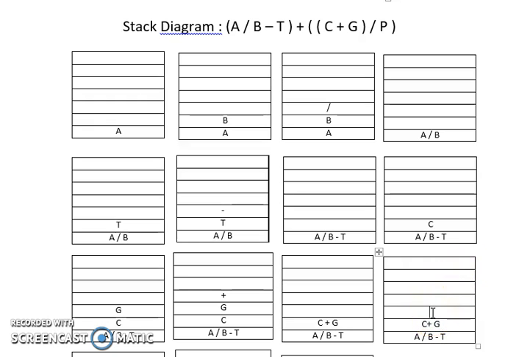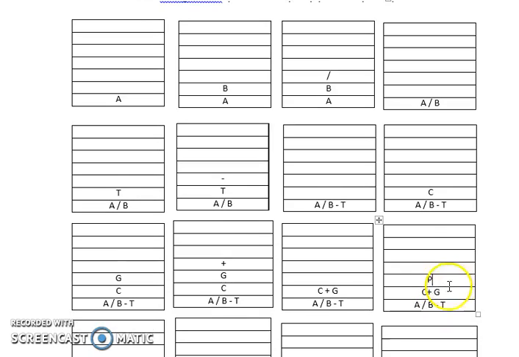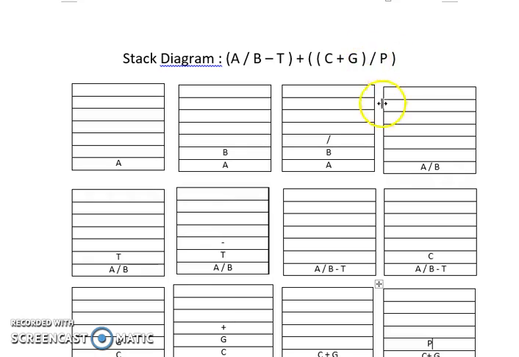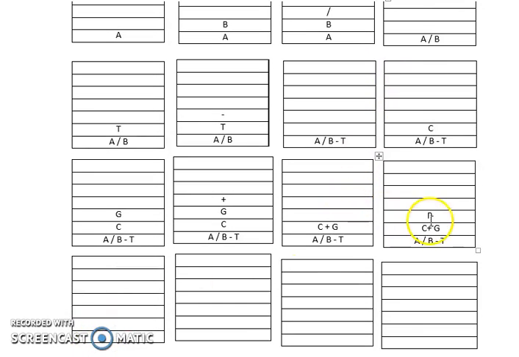Okay, we write down the P on top of the equation of C plus G. So we left the divide symbol. So we write on top of the P. So we do the same step. Okay, we did the second part of the second equation.